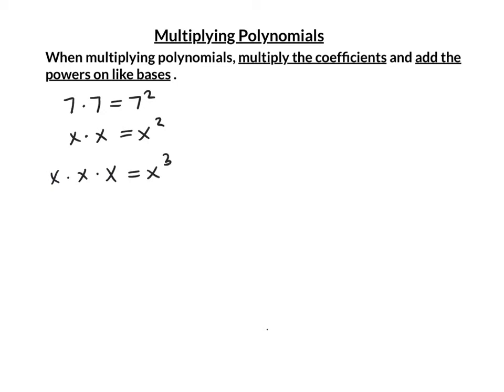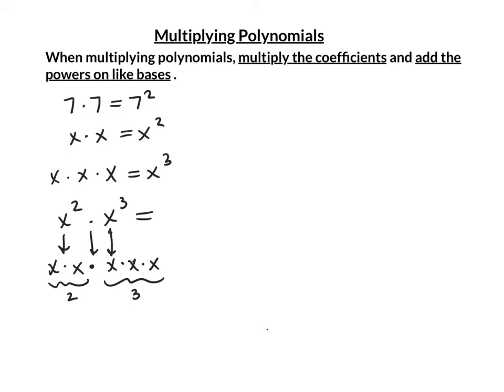If I ask you to multiply x squared times x cubed, you just need to remember that x squared is x times x, and I'm multiplying that by x cubed, which is x times x times x. See here there are 2, and here there are 3. Altogether multiplied, we have 5 of them. x squared times x cubed is x to the fifth.